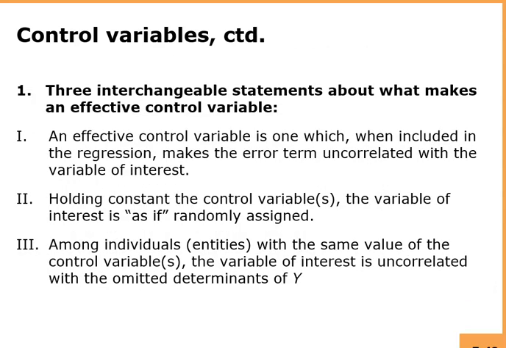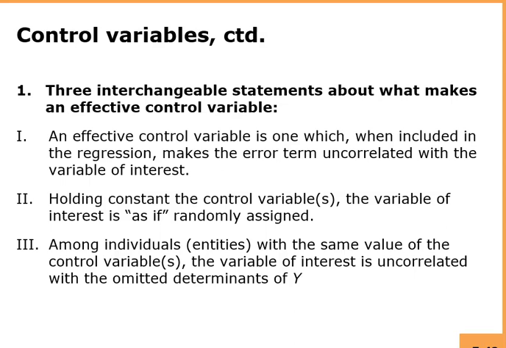So there are three interchangeable ways in which you can define an effective control variable. The first one is that an effective control variable is one which, when included in the regression, makes the error term uncorrelated with the variable of interest. So what you are trying to do is take away from the correlation between the error term and our variable of interest, and basically trying to find a control variable which is more correlated with the error term than the variable of interest.